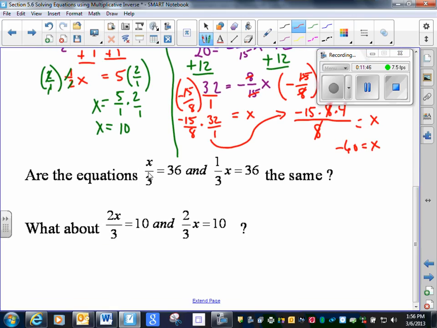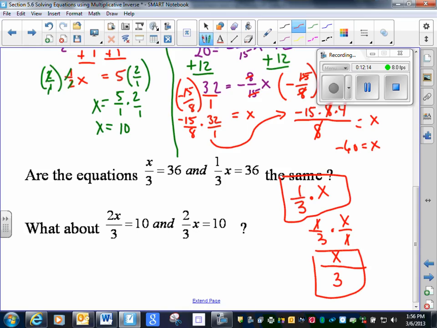I want to talk about one more little thing. I think we did in class talk about that x over 3 and 1/3 x are the same thing. And they are because if you think of what 1/3 times x means, it means 1/3 times x over 1. There's nothing that will cancel top and bottom except these x's, and when you put it over a single fraction bar, you end up with x over 3.